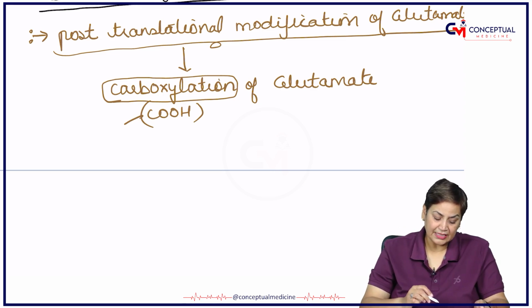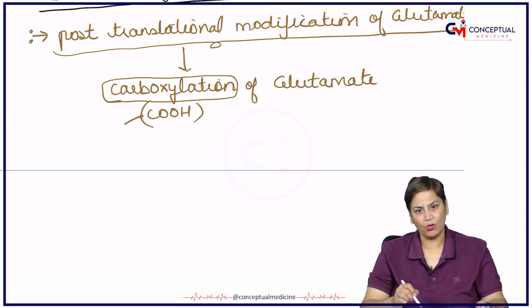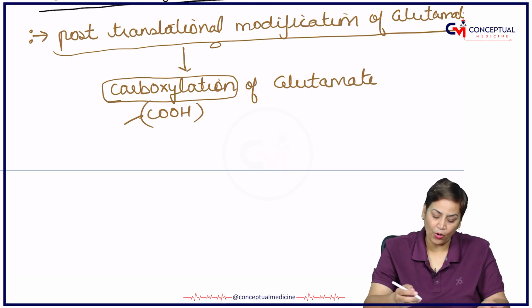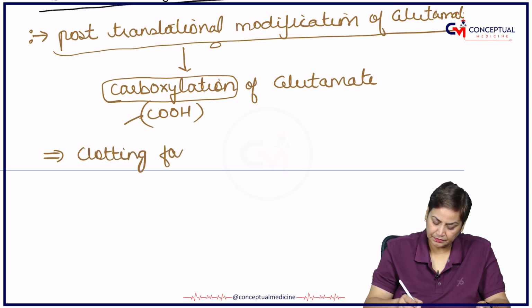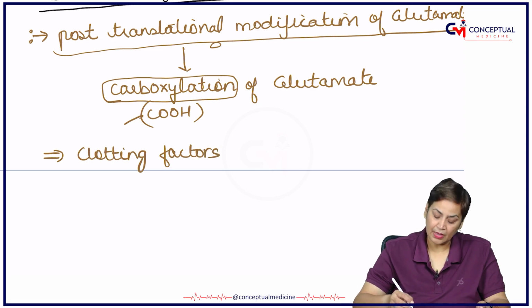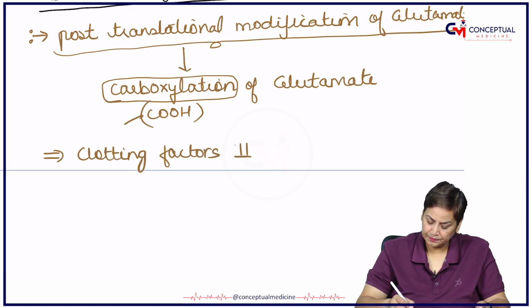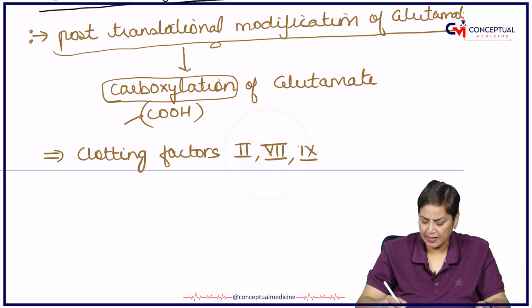So it is post-translational carboxylation of glutamate on the clotting factors 2, 7, 9 and 10.